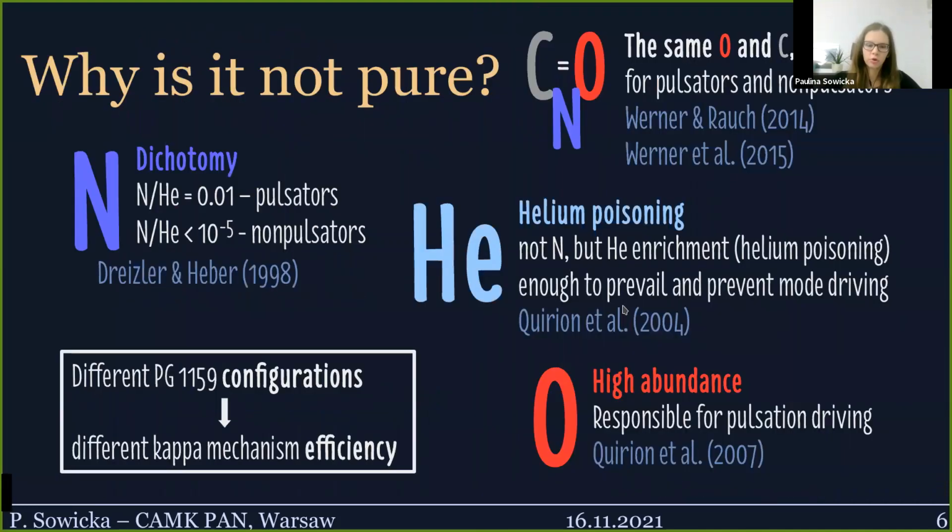The existence of both pulsating and non-pulsating stars in the GW Virginis instability strip was indeed a challenge to the theory. The first idea was that there is an observed nitrogen dichotomy: all nitrogen-rich stars are pulsators, whereas the nitrogen-poor stars are all non-pulsators.